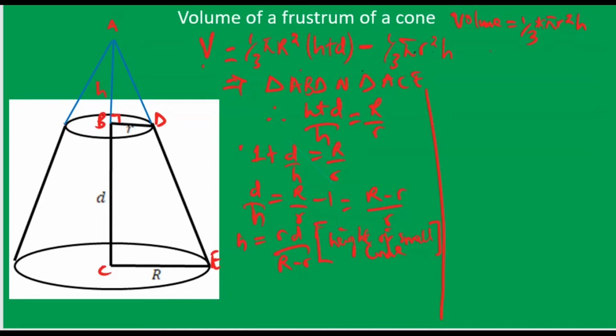So getting to the height of the bigger cone now, which is h plus d. Therefore, h plus d is now r d over R minus r plus d. So the LCM is R minus r, which gives r d plus d times (R minus r).